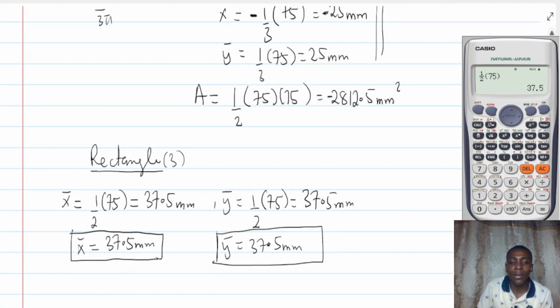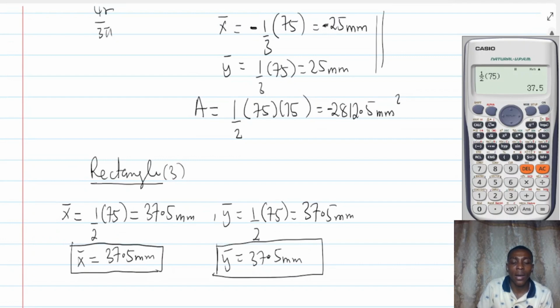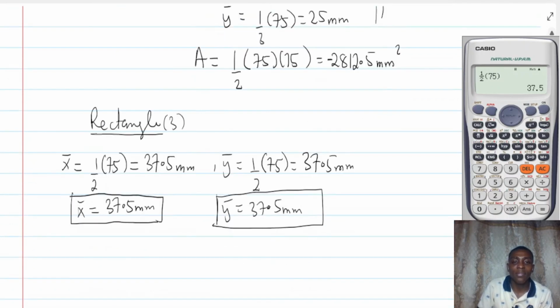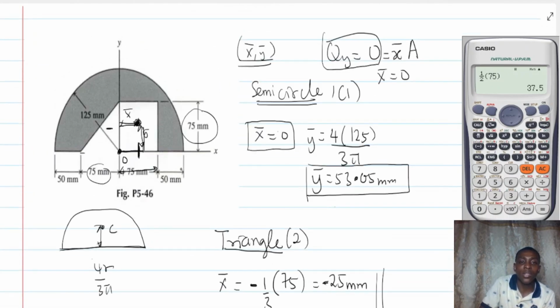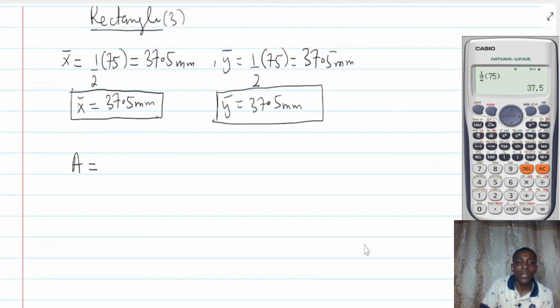All right, so now I hope the concept is clear. Let's find the area. The area of this rectangle is 75 multiplied by 75, and that's 5625.